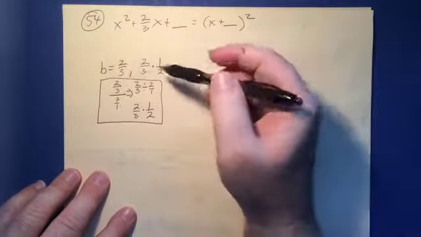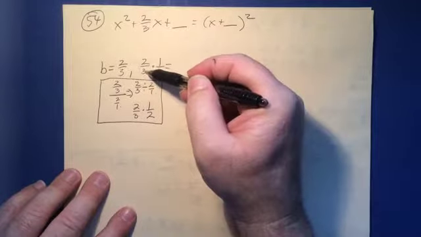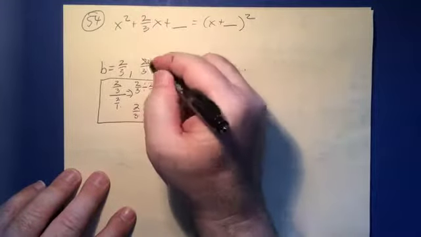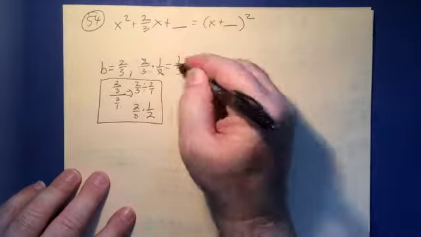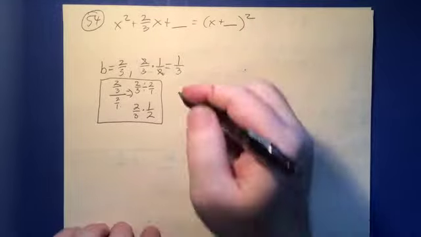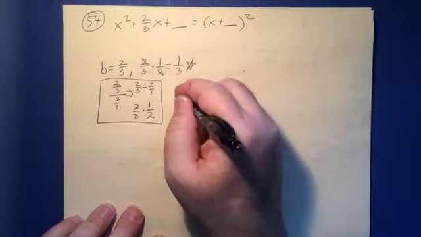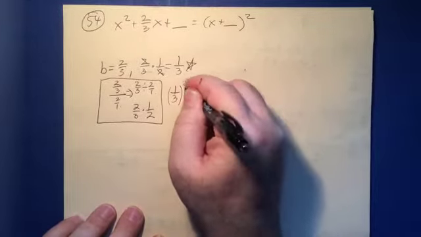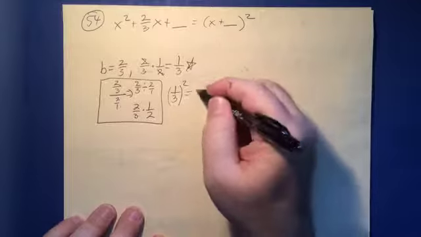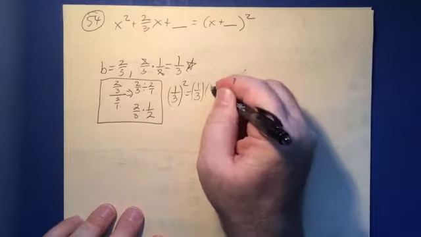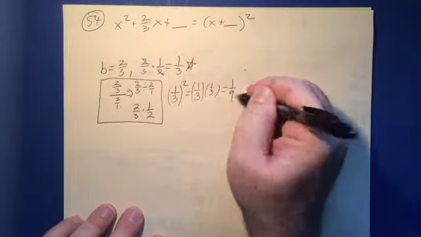So you'll notice here that if we have 2 times 1 over 3 times 2, the 2's will reduce, giving me 1/3. Again, we're going to star that because that's going to be an important number later. Then in the second step, if I take 1/3 and square it, that's 1/3 times 1/3, or 1/9.